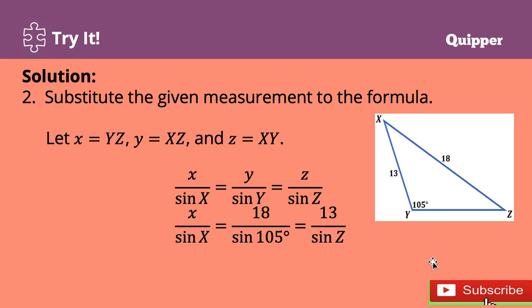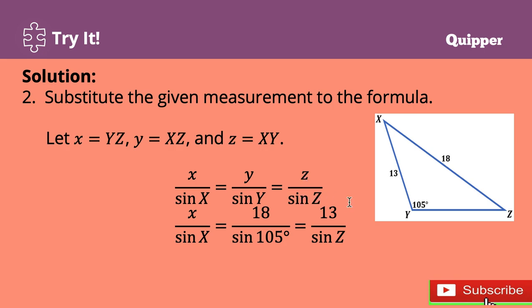Okay, next we have to substitute the given measurements into the formula. Again, since we are using XYZ, we have to change the formula into XYZ also. So side x over sine x is equal to side y over sine y is equal to side z over sine z.